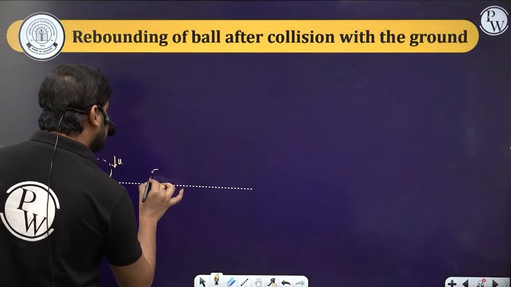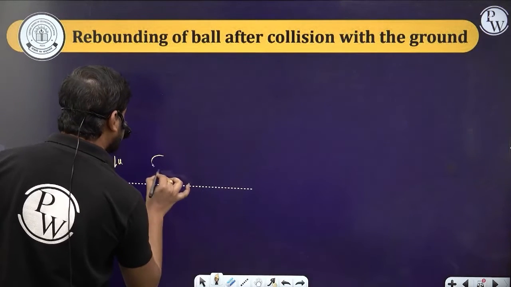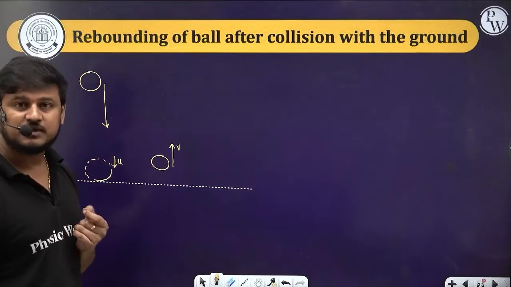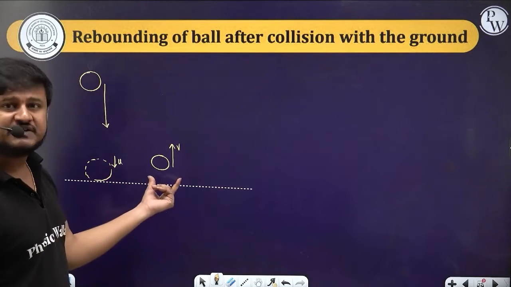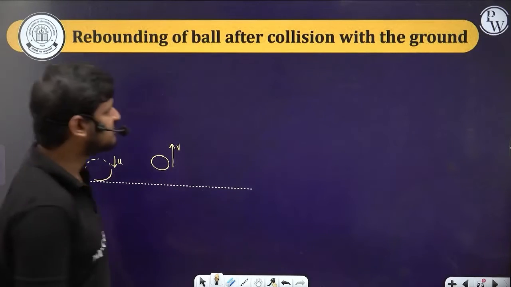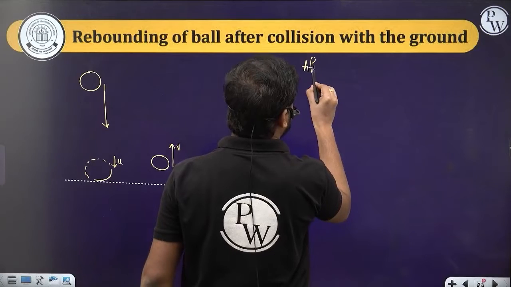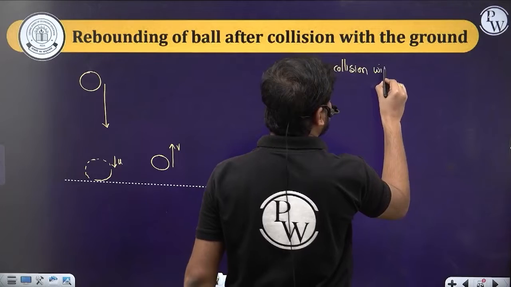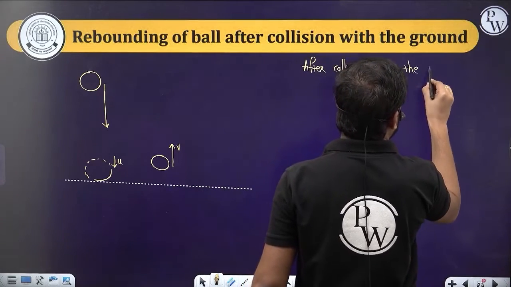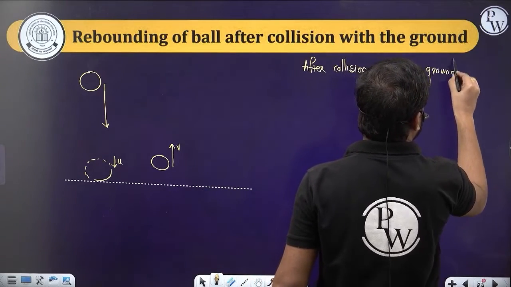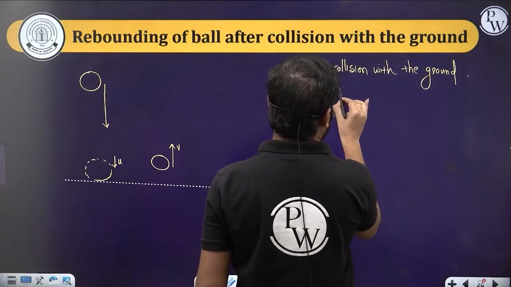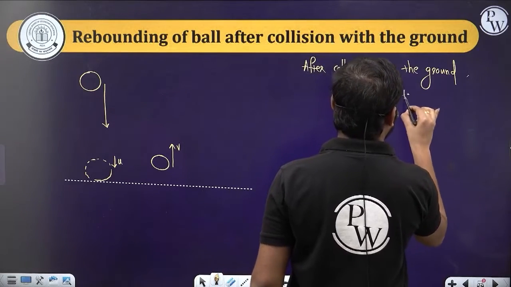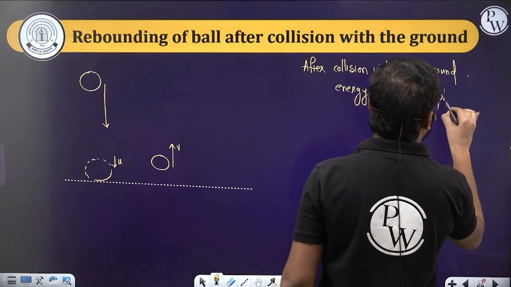After rebounding, it will have some other velocity v, because after collision with the ground, energy loss takes place. Understand this carefully.